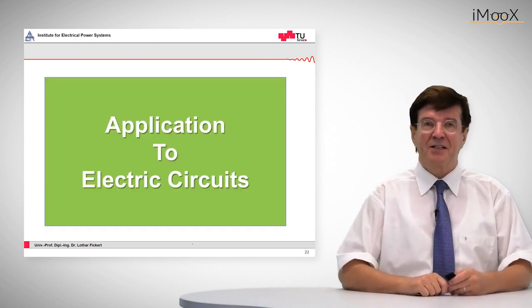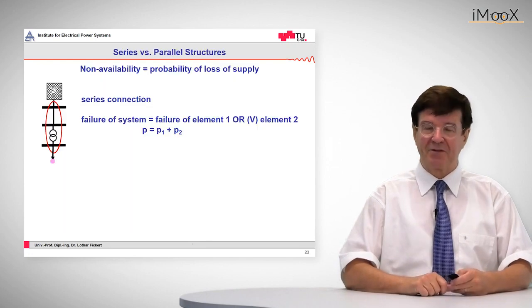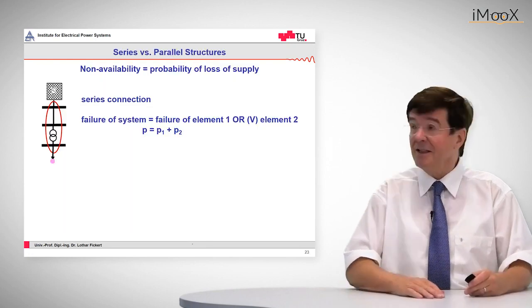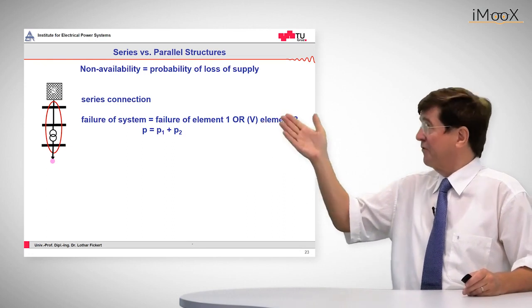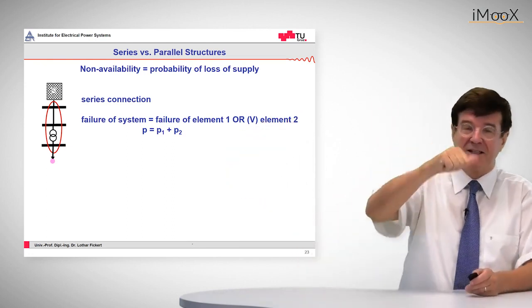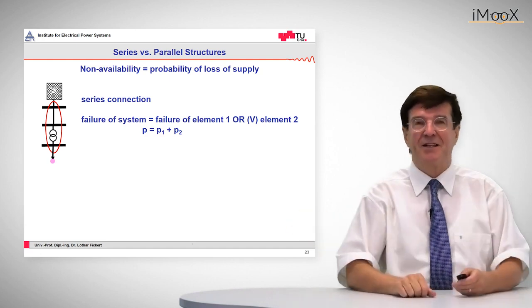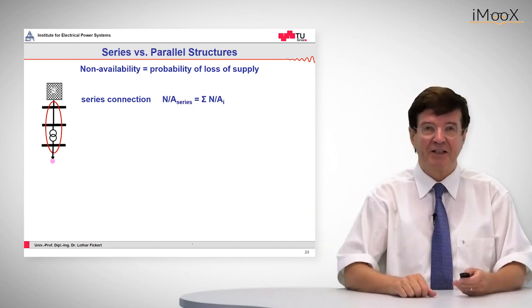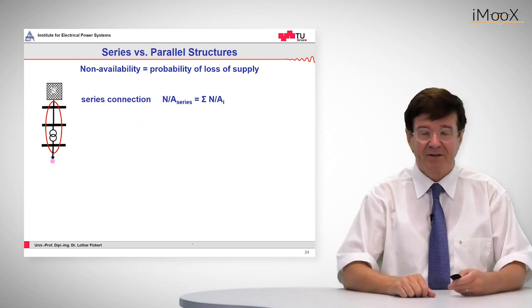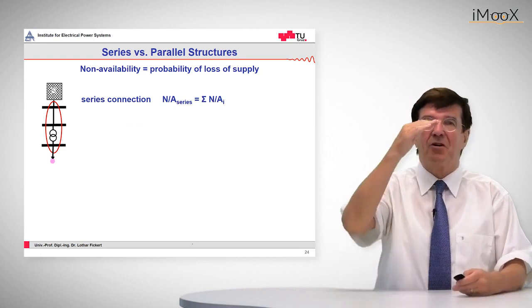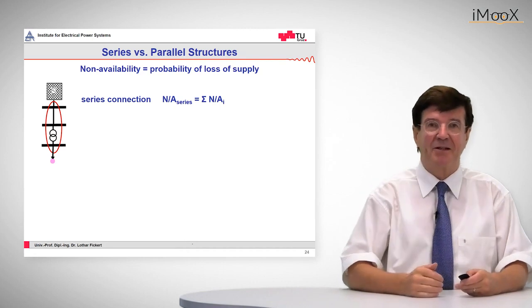The application to electric circuits means that we have series connections and parallel connections. Let's look at the series connections. The system fails if one of these elements fails, either the line or the transformer, which means there is no electricity at the observation point. So the series connection is given as the sum of the single failure probabilities.